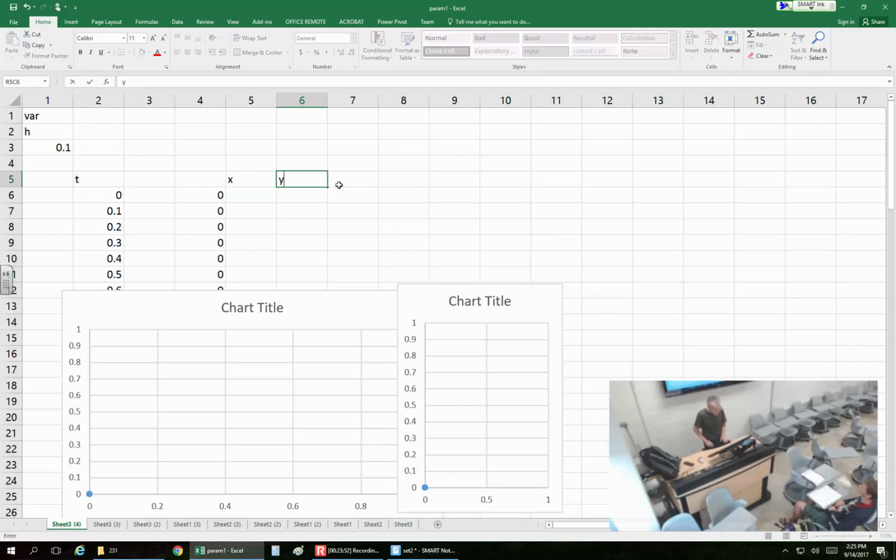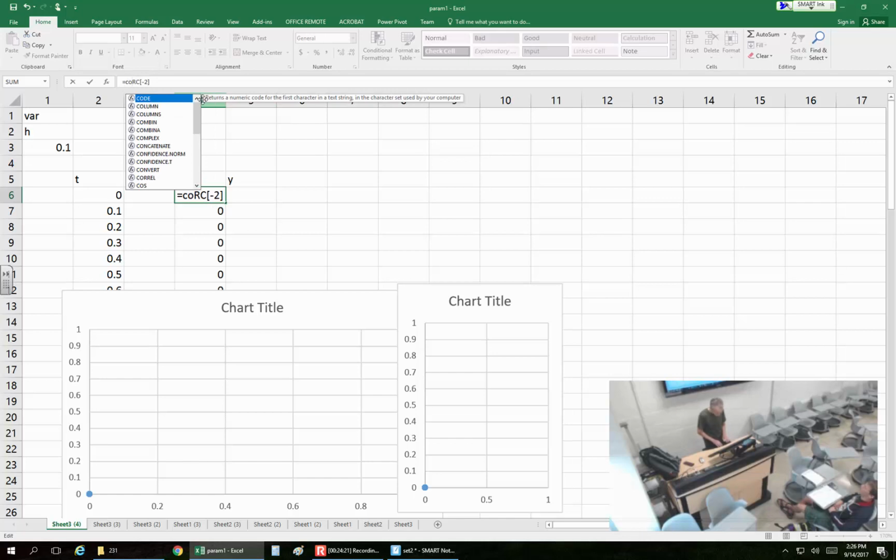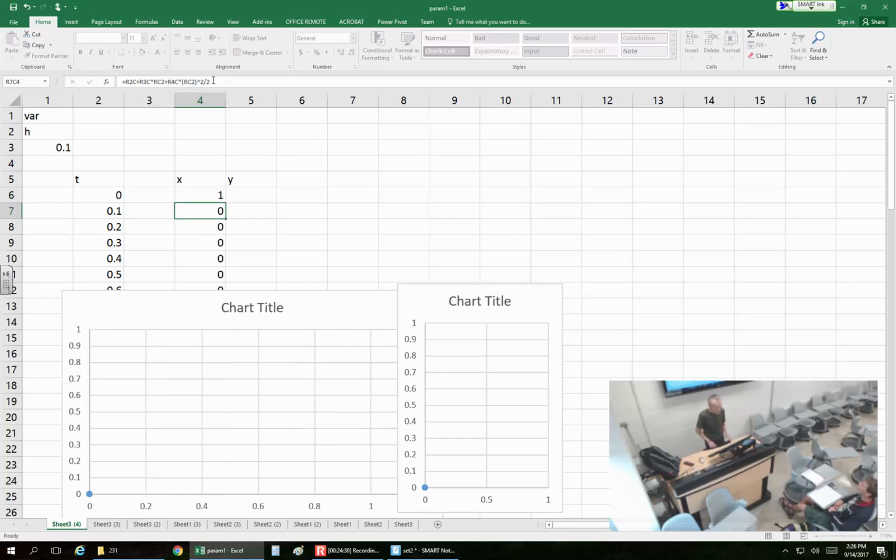Hold on, what is that column over here? Okay, I will put x and y here. Okay. So x is equal to cosine of that previous value, not this value, but rather of this value. Okay, cosine of time. Now it doesn't have to be time anymore. And the other one is sine, naturally. This will be sine.